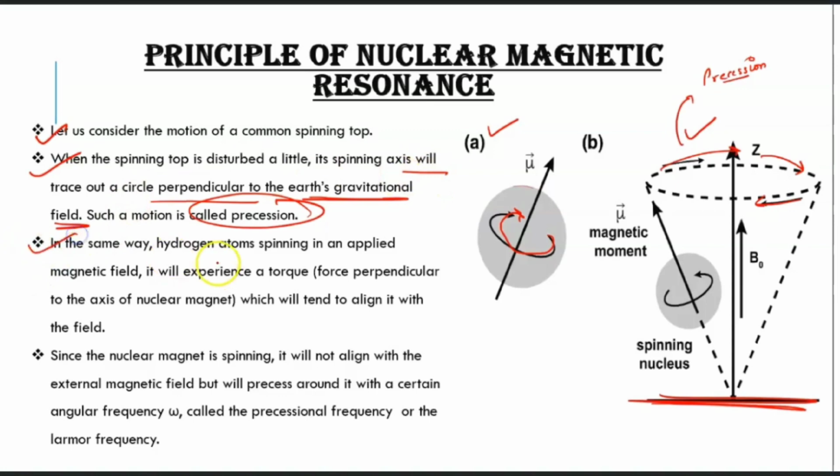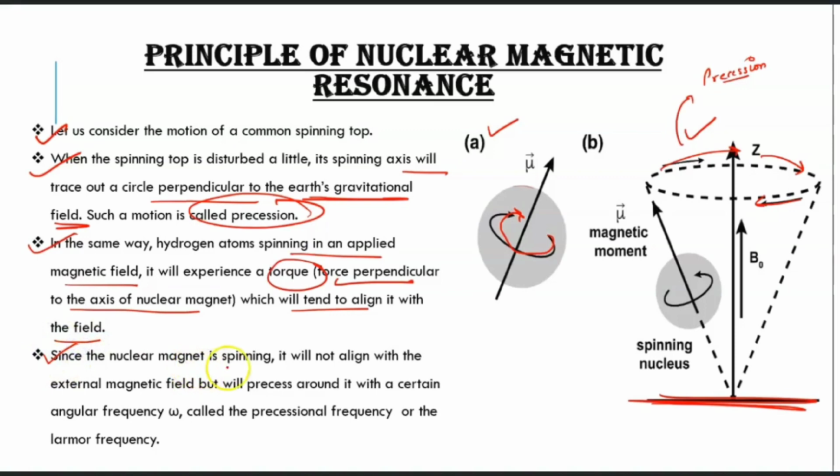Okay? So in the same way, a hydrogen atom spinning in an applied magnetic field will experience a torque. What is that? That is a force, perpendicular to the axis of the nuclear magnet, which will tend to align it with the field.